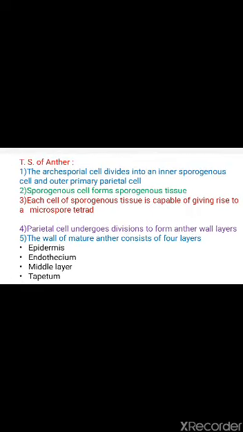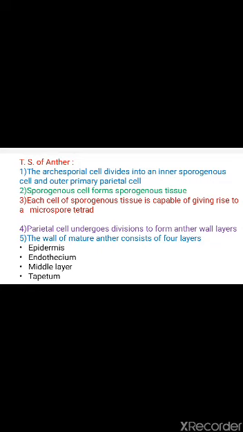So see it once again, the TS of anther. In this anther, some of the hypodermal cells get transformed into the archesporial cell. Now this archesporial cell divides into an inner sporogenous cell and the outer primary parietal cell. This sporogenous cell forms sporogenous tissue, and each sporogenous cell is capable of giving rise to a microspore tetrad.